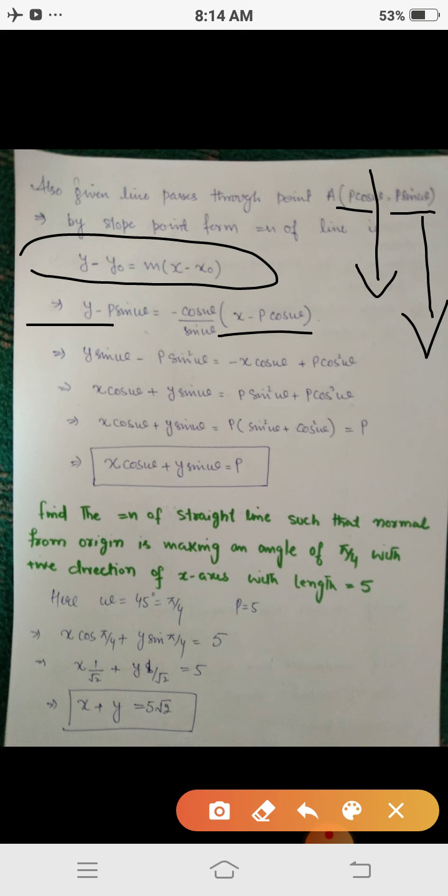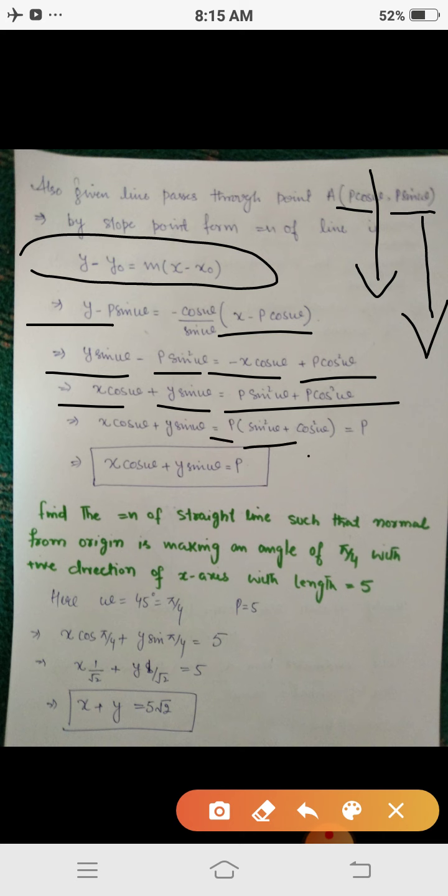By cross multiplication, y sin omega minus p sin squared omega equals minus x cos omega plus p cos squared omega. Shifting the terms, x cos omega plus y sin omega equals p sin squared omega plus p cos squared omega. Taking p common, we get sin squared omega plus cos squared omega, which is 1 by identity.